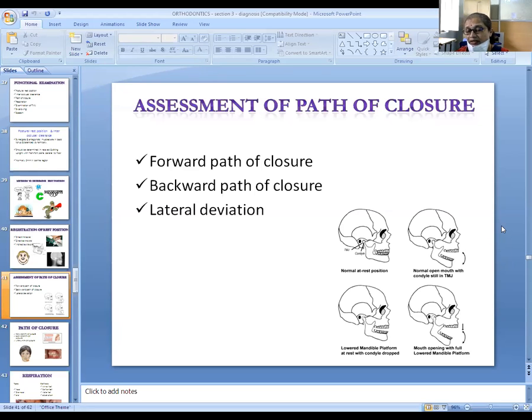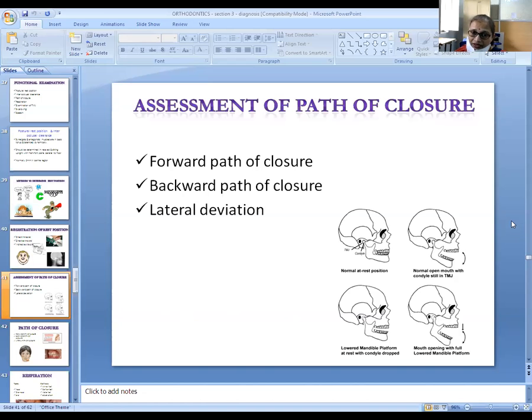Everybody knows that when we open the mouth, the condyle slides anterior in the glenoid fossa. When you close it, the condyle will be at the posterior aspect of the glenoid fossa.